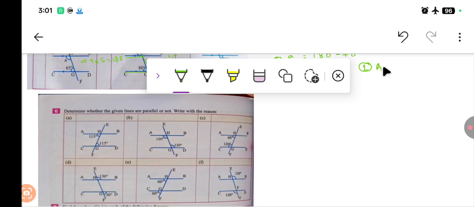First one, whether the alternate angles are equal or not. If the alternate angles are equal, the lines are parallel, AB and CD will be parallel. If the corresponding angles are also equal, the lines are parallel.